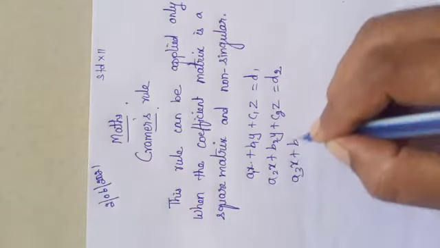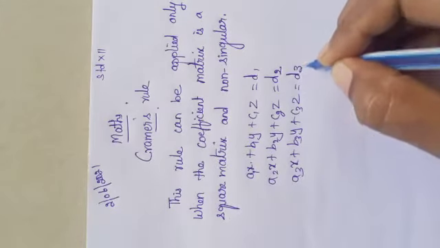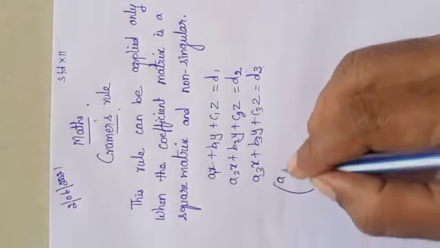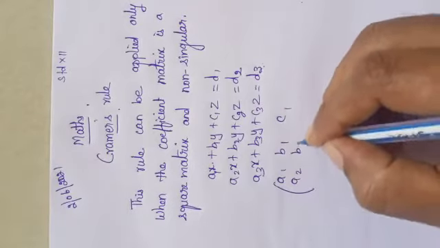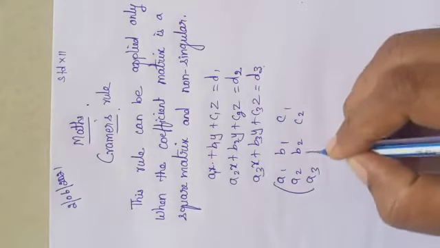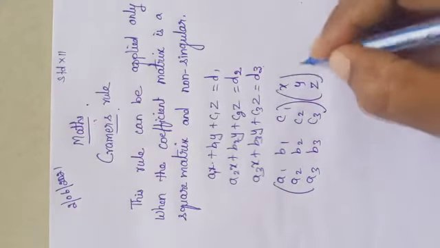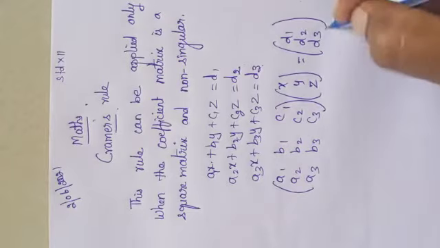A3x plus B3y plus C3z is equal to D3. When we write in the matrix form, how will we write it? A1, B1, C1, the coefficients, isn't it? A2, B2, C2, A3, B3, C3 into X, Y, Z equal to D1, D2, D3.